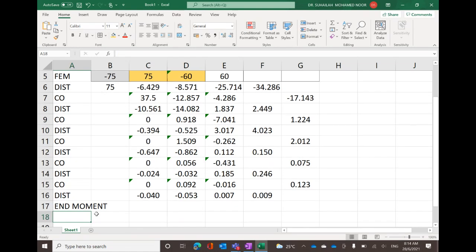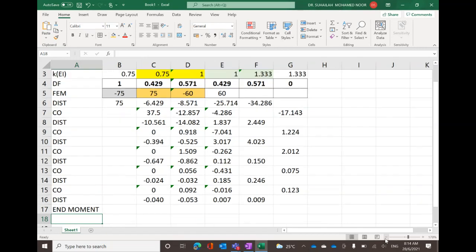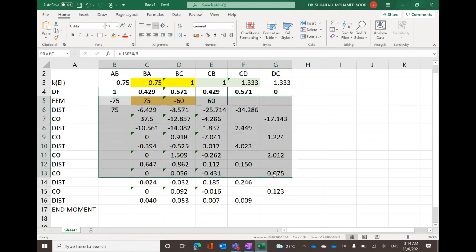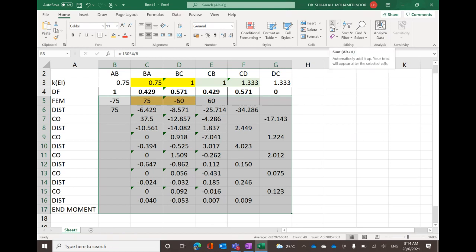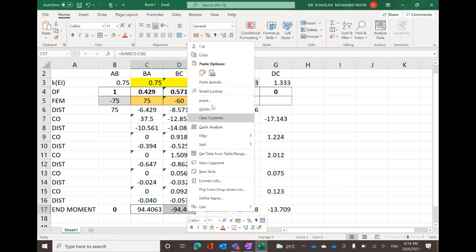The total moment. Okay, start with the first moment. Remember that the first moment starts from fixed end moment. So I choose the symbol sum, and we will get here the end moment.